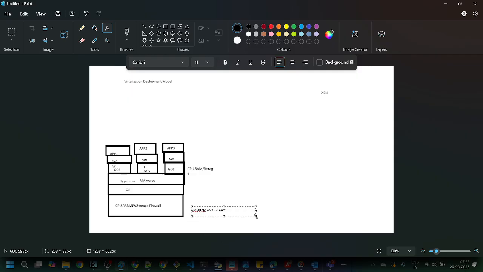So how much cost would it be? In terms of cost, we are wasting our money to install our OS. For each guest OS, we are buying it. That OS we need to buy, right?